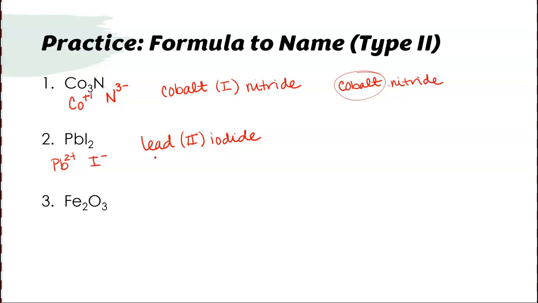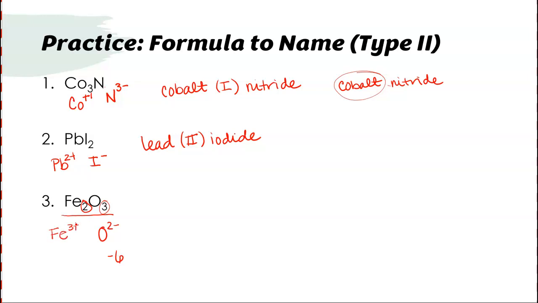Okay, this compound, iron and oxygen. We know that oxygen is a 2-, and there are 3 of them. So we have a total of -6. And so that means that our 2 irons are going to be +3 each. So it will be Fe3+.